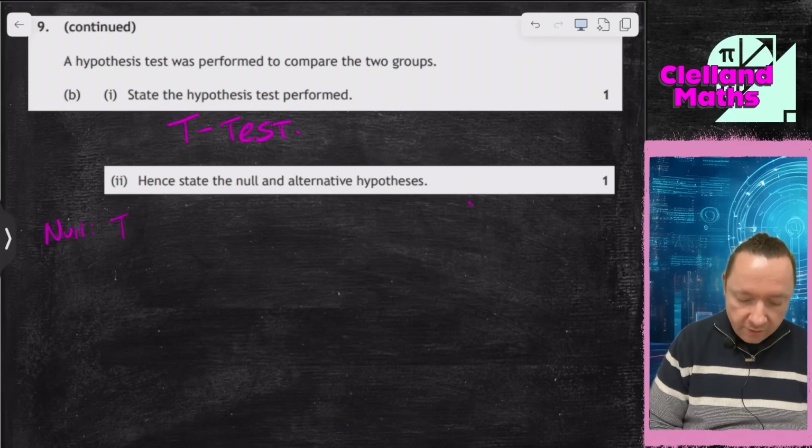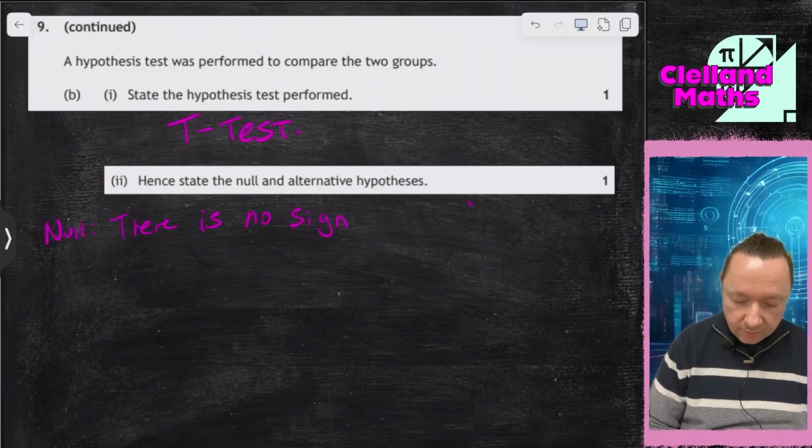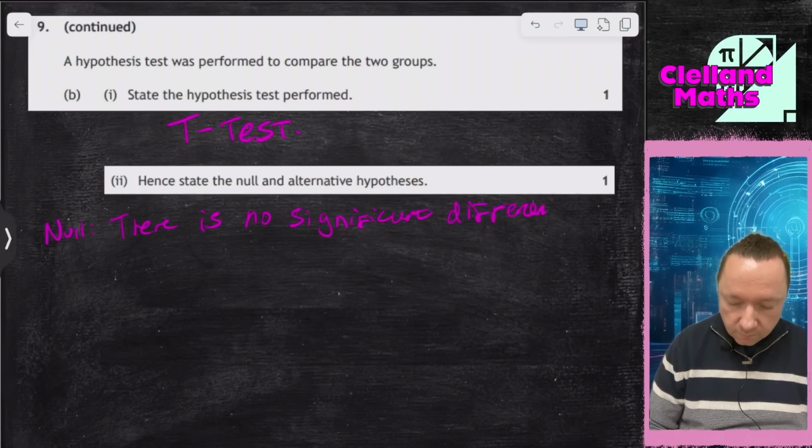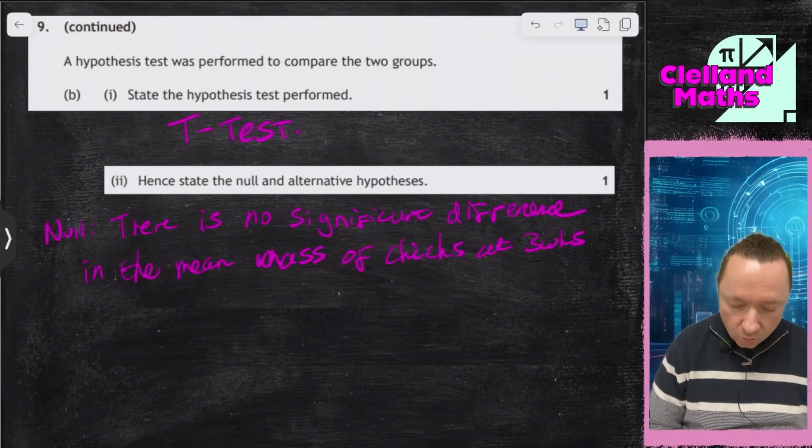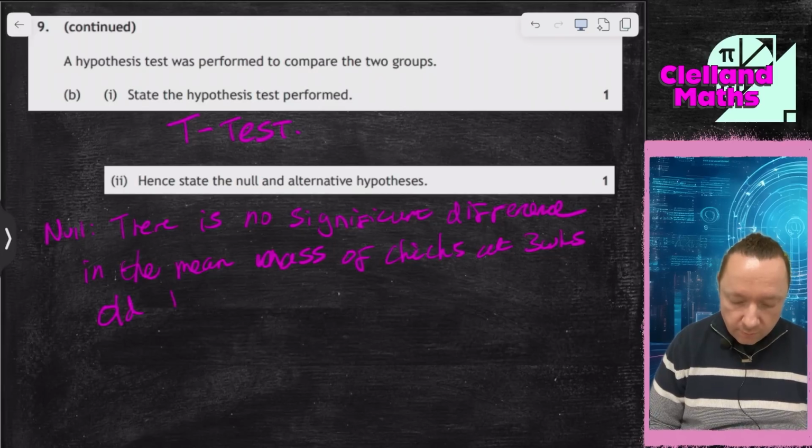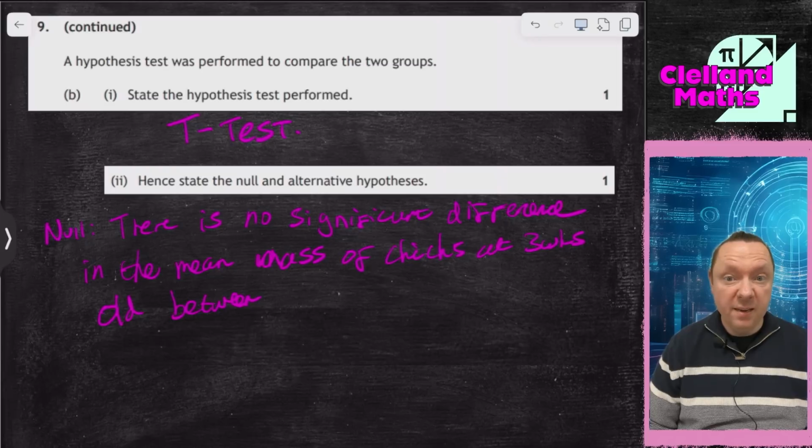Null: there is no significant difference in the mean weight of chicks, mean mass of chicks at 3 weeks old between those given food type A and food type B.